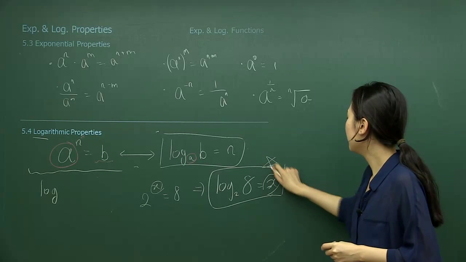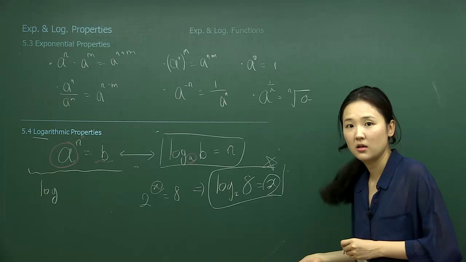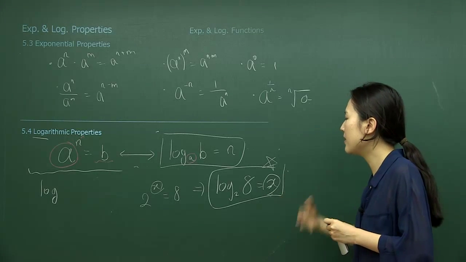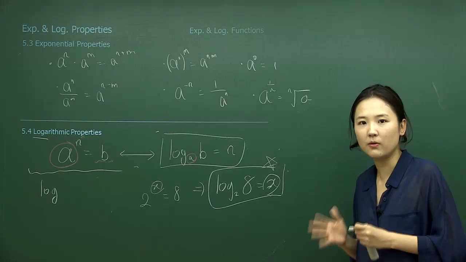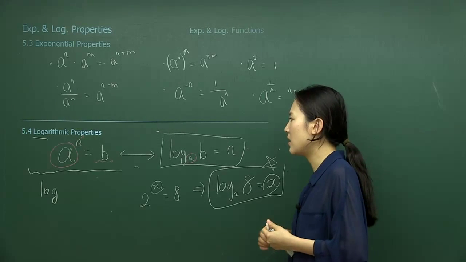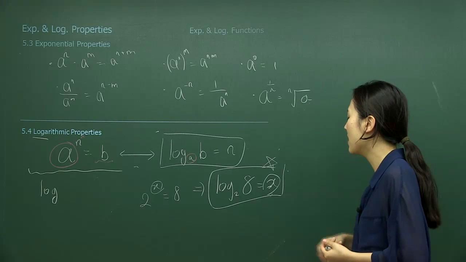So this is how exponentials and logs are related. It's just another way of showing a power. Just think of it like that. It's really, really simple, actually. It's just that if you are not familiar with this, you might get confused at first because you're seeing it for the first time.